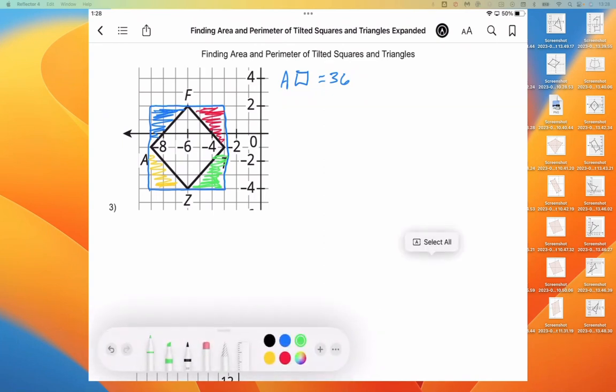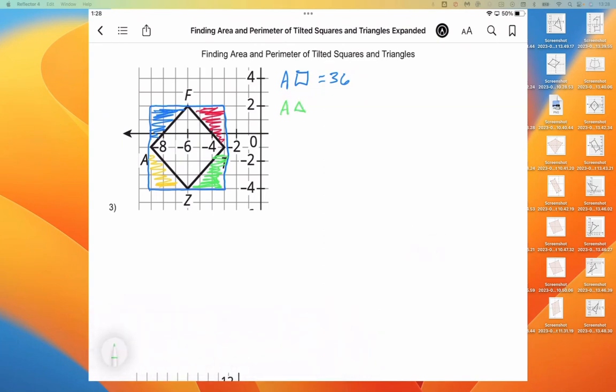So I see the area of the green triangle is 1, 2, 3 by 3. So 3 by 3 is 9, divided by 2 is 4.5. The red triangle is going to be the same. 3 by 3 is 9, divided by 2 is 4.5.